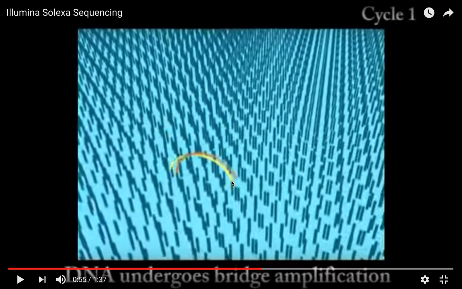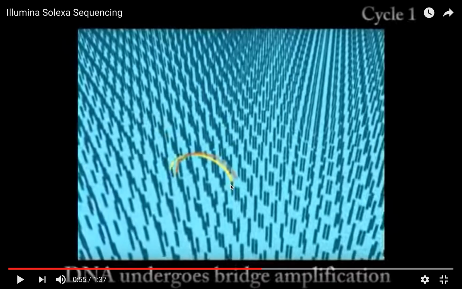The problem then is that just a single nucleotide being added to a single strand of DNA does not cause enough light to be detected by our camera. So in this next step, we're going to amplify our one piece of DNA so that we make many, many pieces of DNA that are the same.